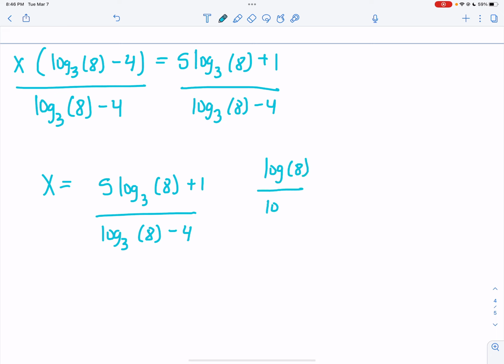And what I would do is once you change the base, store this value into the calculator so that you could just say 5 times whatever variable you stored as plus 1 over whatever variable you stored as minus 4. Now, if you have the 84, then you could just easily type this into the calculator and call it a day.